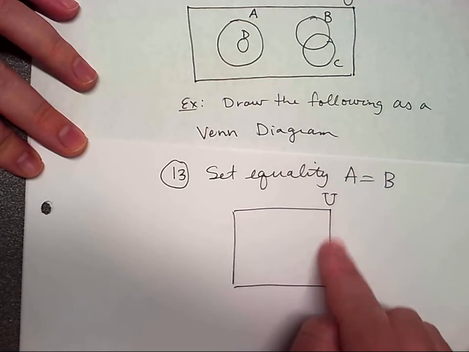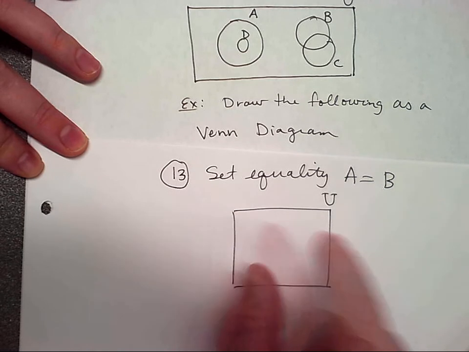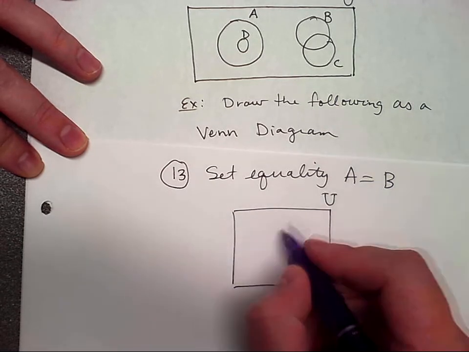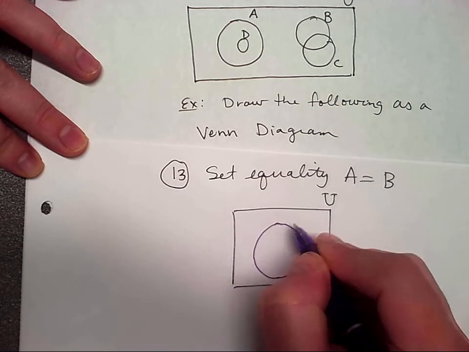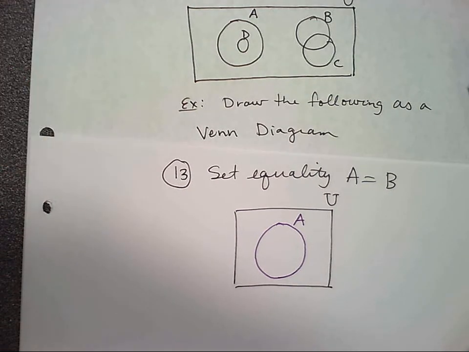U is the universal set. It's like all elements being considered. So usually that universal set is represented as a big box. All right, if I have this as set A, how do I draw set B so that they're equivalent? Set A equals set B. Would they be next to it?